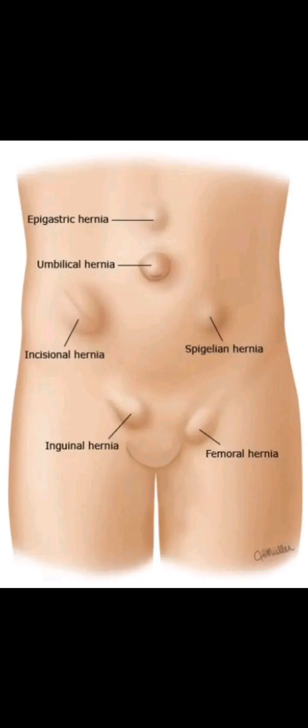Complicated is the one we call strangulated hernia. When an organ protrudes to the outside and is twisted, the blood supply to that protruded organ or tissue fails to reach that area, meaning the cells will start dying.